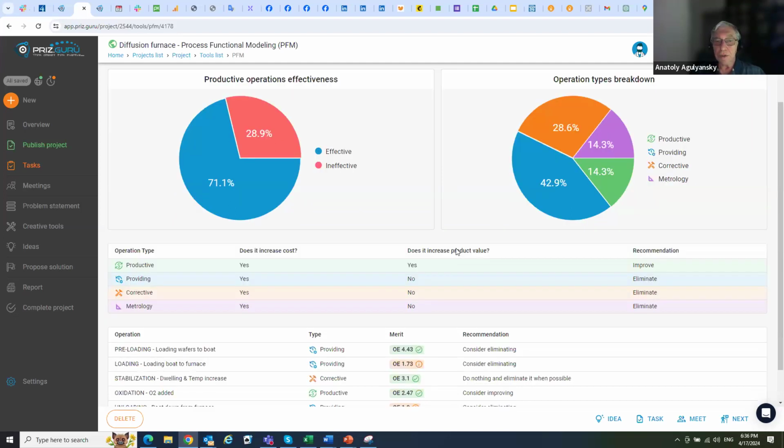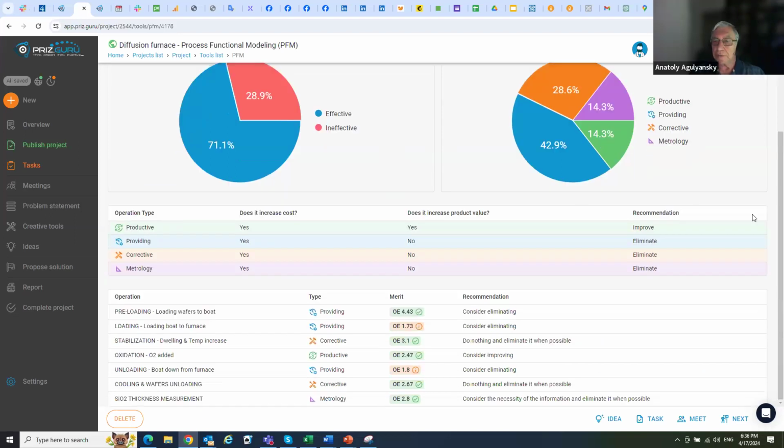Now, there is a general recommendation. We all know it, we just don't remember it, that productive operation is the only operation that increases the value of the product. All the rest of the operations, like providing, corrective, metrology, just waste time and money.